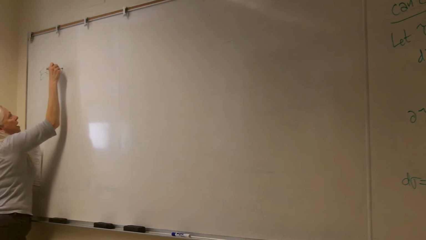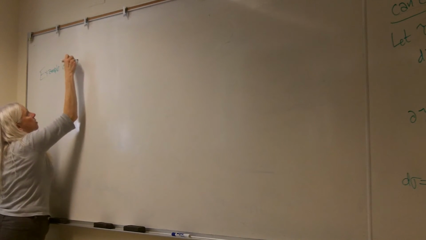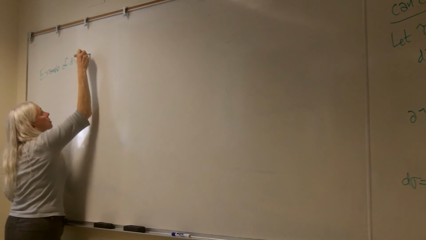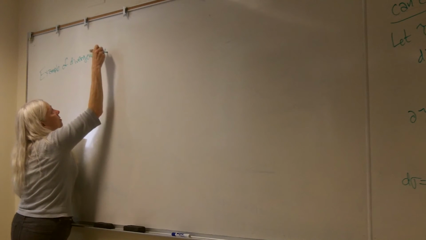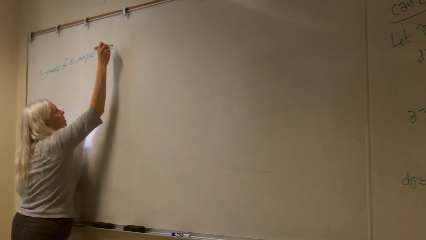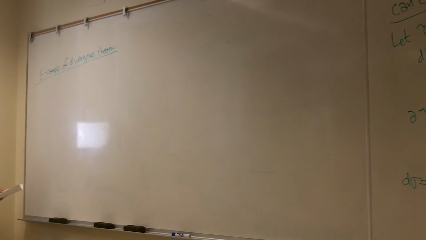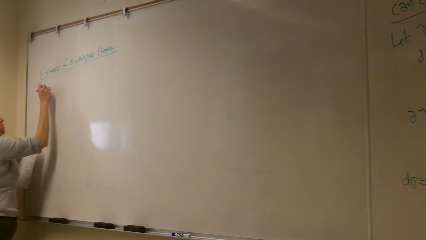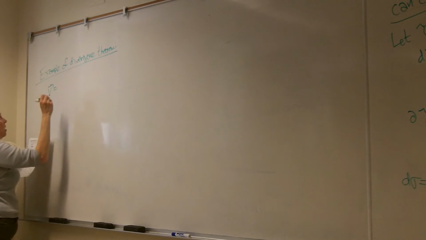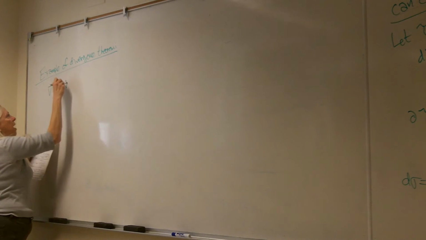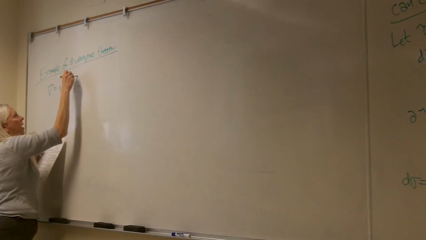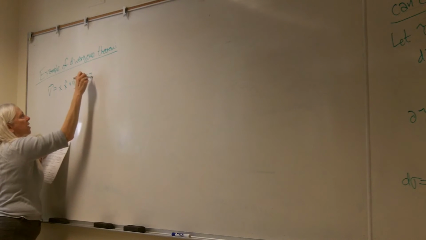Okay, so as an example of the divergence theorem, let's consider this vector field: x times x hat plus y times y hat plus z times z hat.